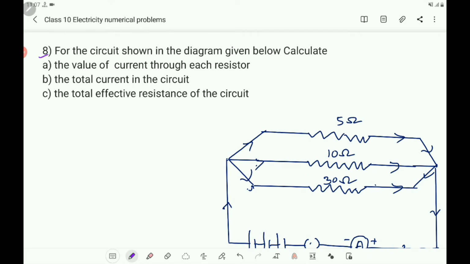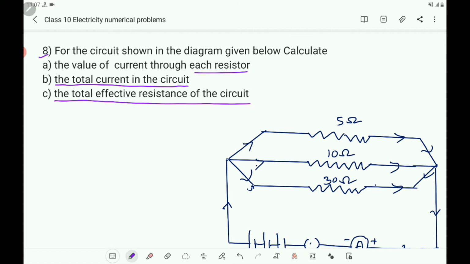Now let us take question number 8. For the circuit shown in the diagram given below, calculate A, the value of current through each resistor; B, the total current in the circuit; C, the total effective resistance of the circuit.